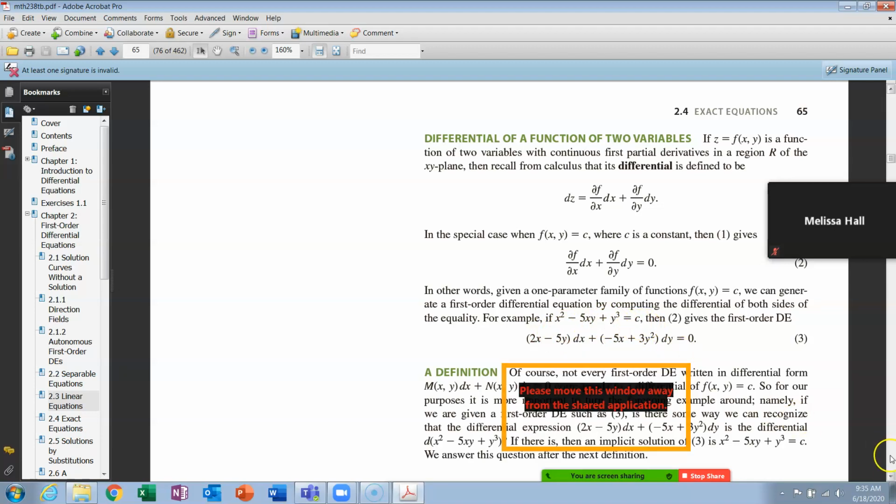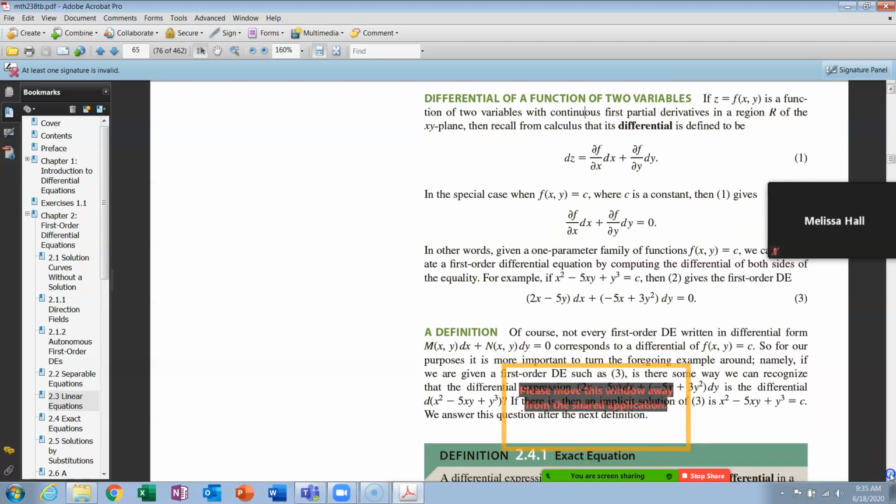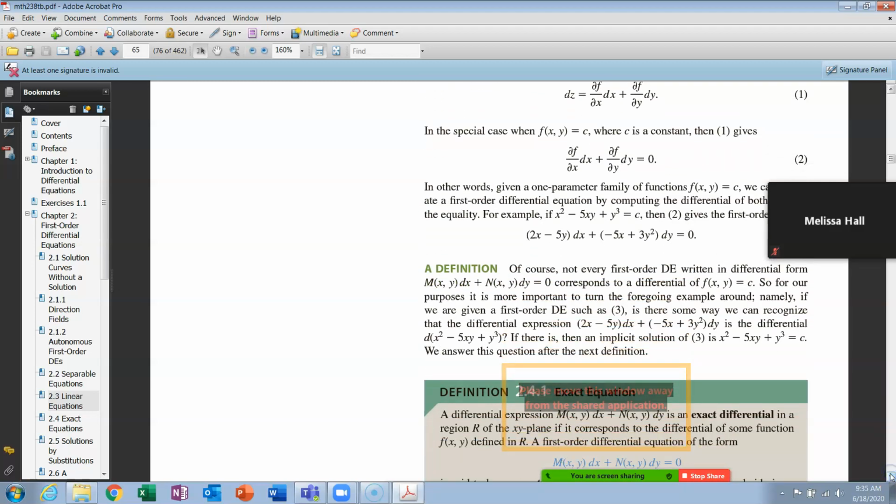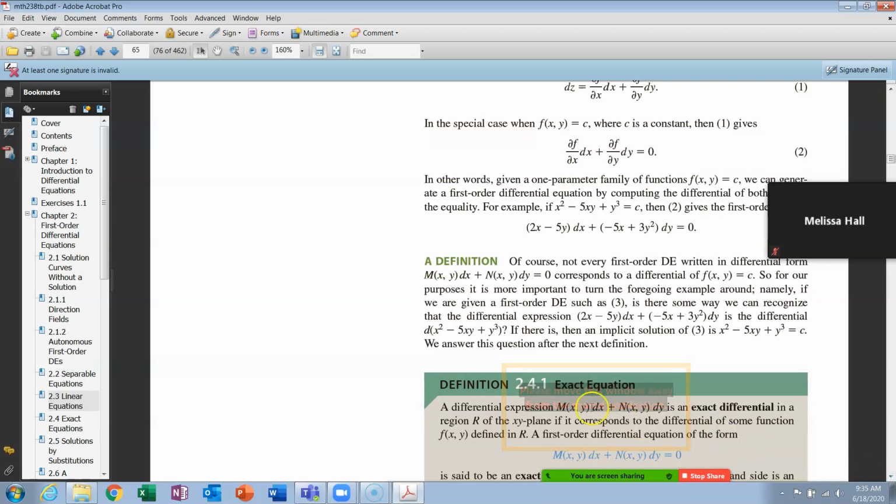Okay, now, sort of what I've been warning about, they're mentioning here.